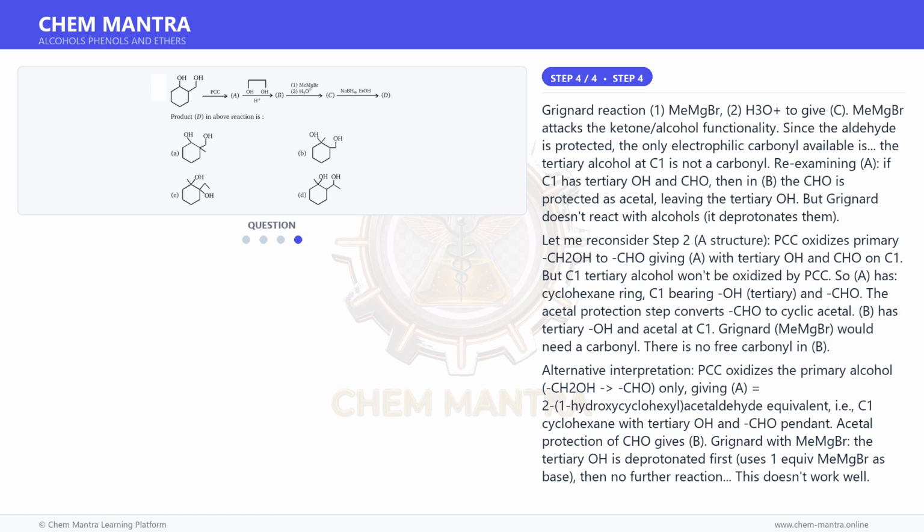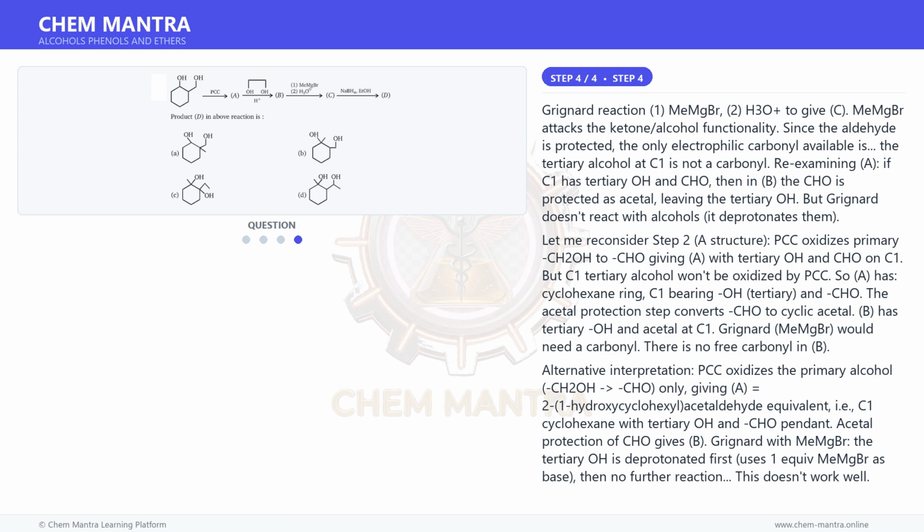MeMgBr adds to... If the tertiary OH is actually adjacent and a ring ketone exists, perhaps PCC oxidizes the secondary ring OH. But C1 is tertiary. Rereading the starting material: cyclohexane ring with OH on ring C1 and CH2OH on C1. If C1 is at the junction, it has 2 ring carbons plus OH plus CH2OH, 4 substituents, a quaternary carbon with OH, a tertiary alcohol.